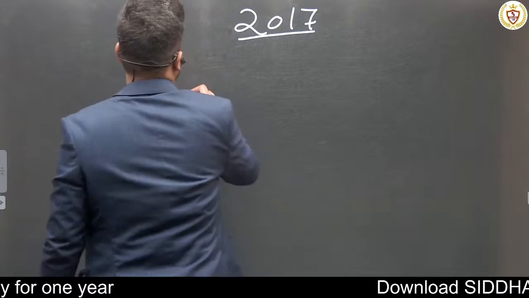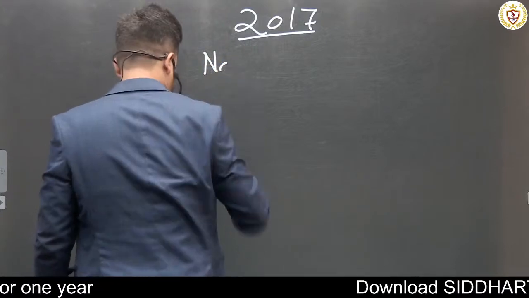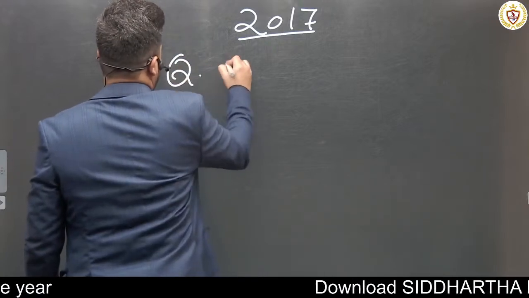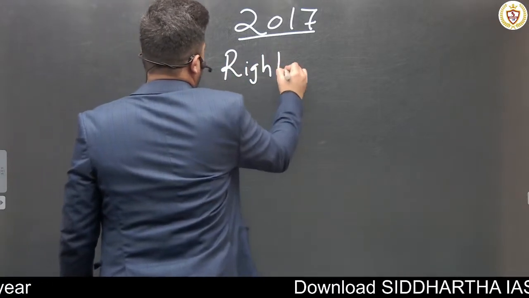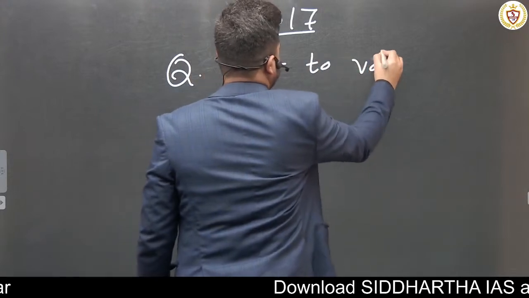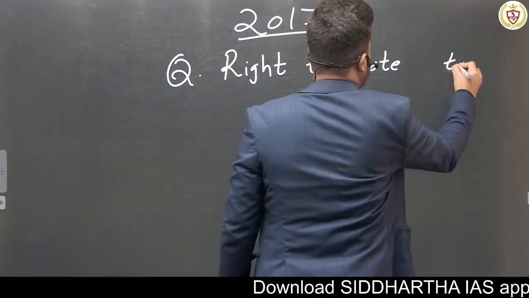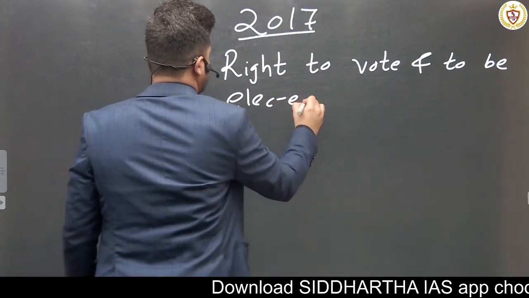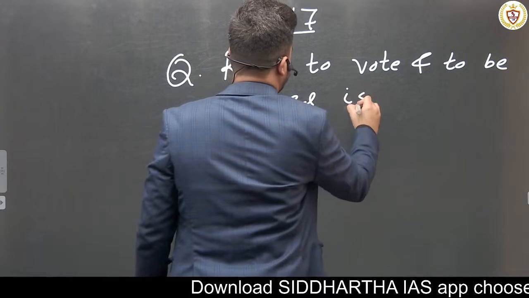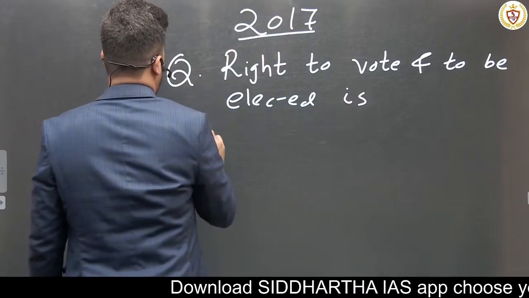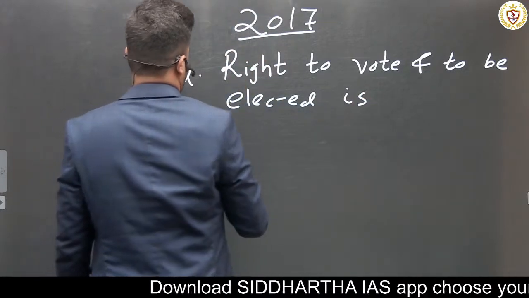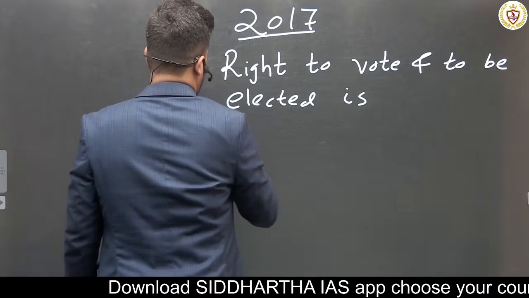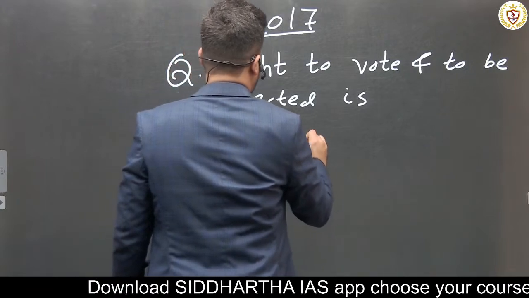The question was, right to vote and to be elected is: option A, fundamental right.